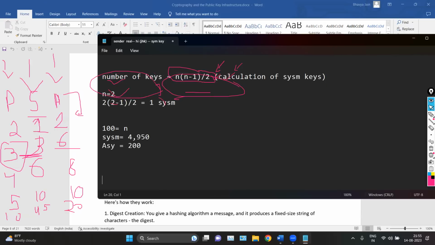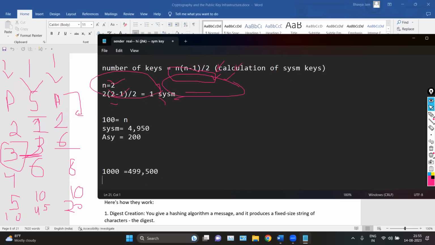Let's say you have 1,000 participants in your group. So you have to generate 499,500 symmetric keys, and for asymmetric you need just 2,000 keys.